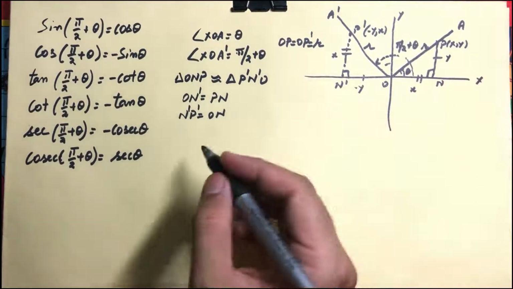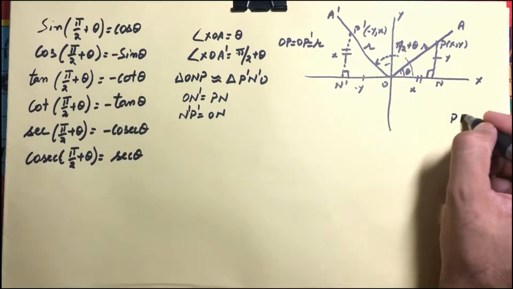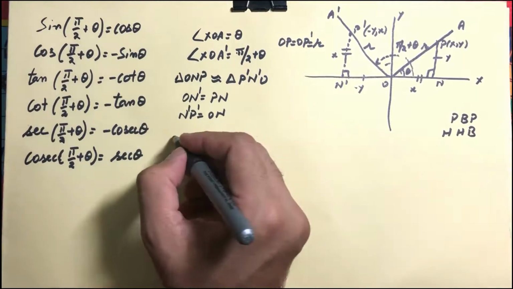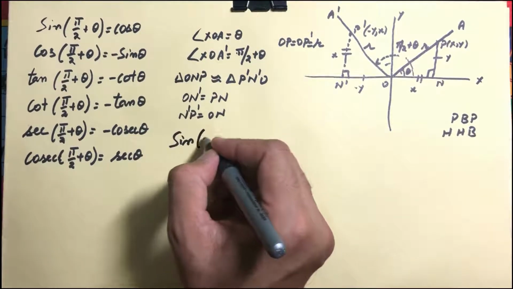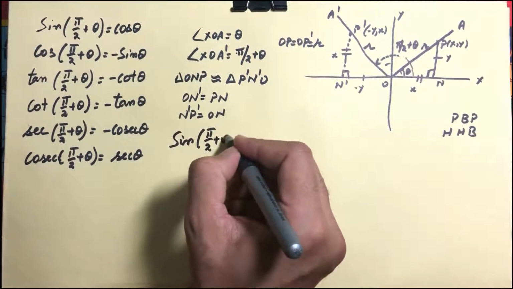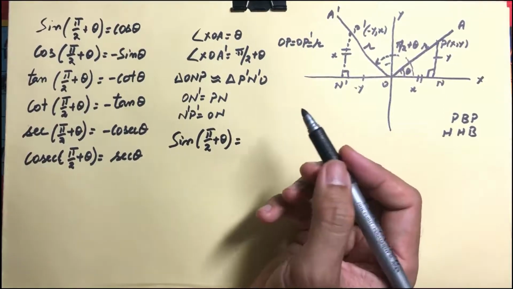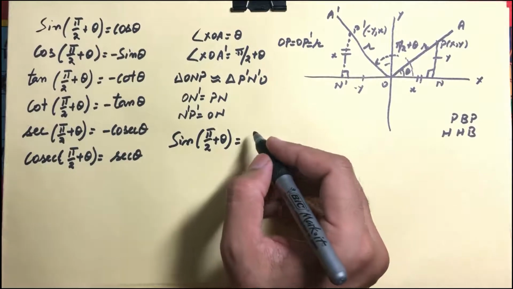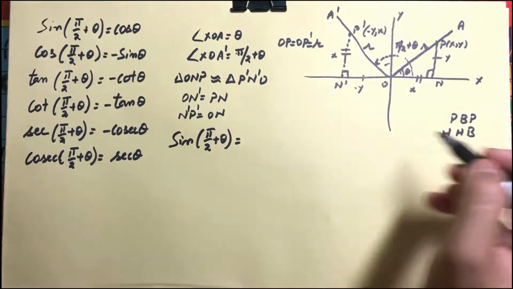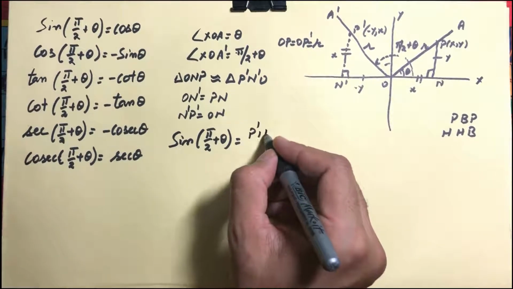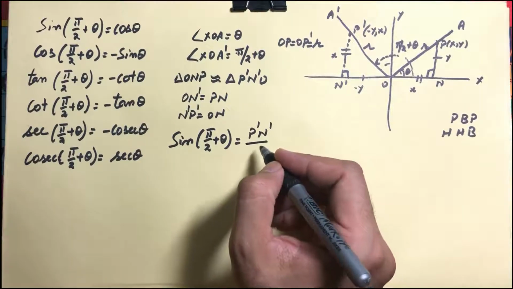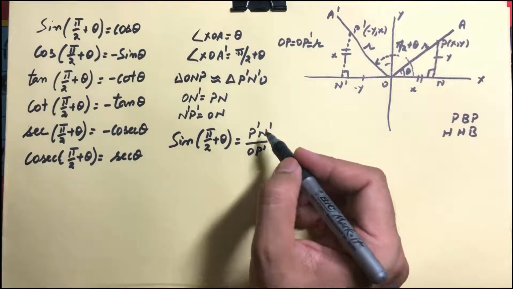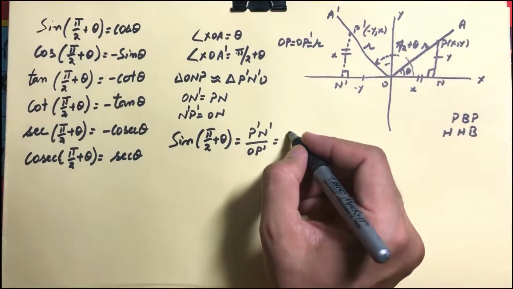So again using the formula, we have sine pi by 2 plus theta equals, so this equals, the formula is perpendicular upon hypotenuse, P dash N dash upon OP dash, and we already have what is P dash N dash?